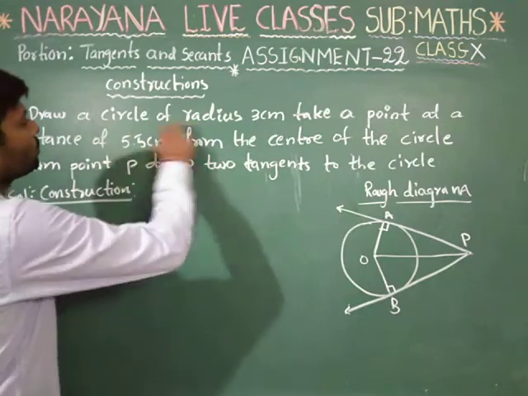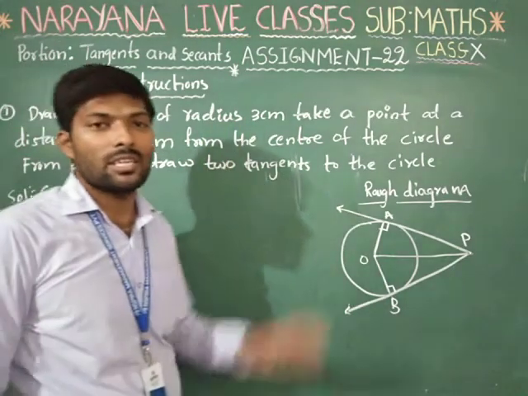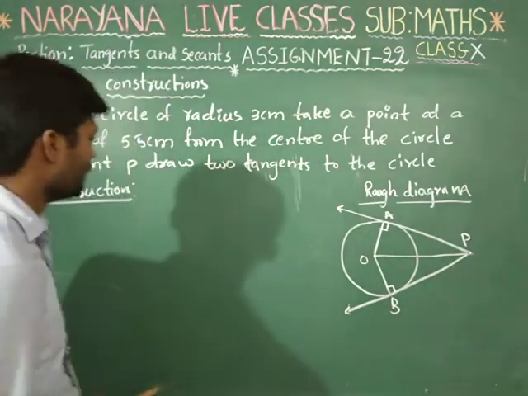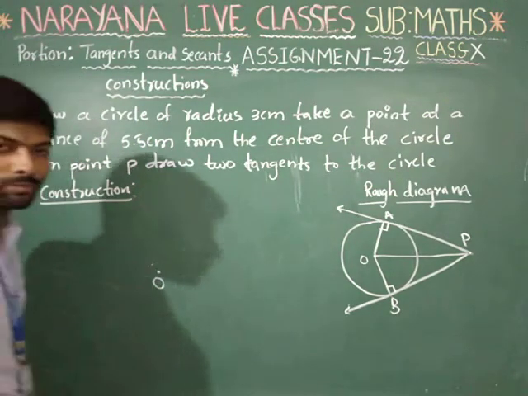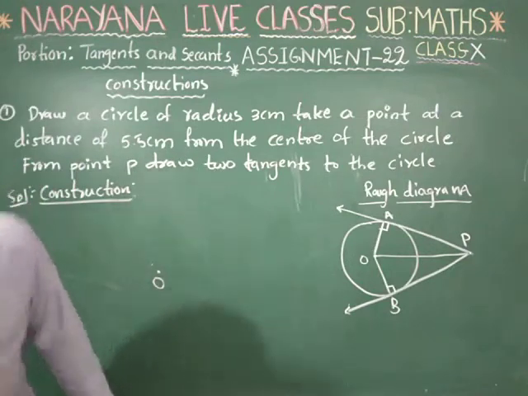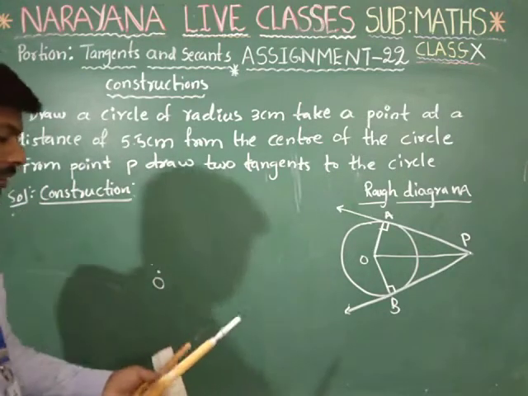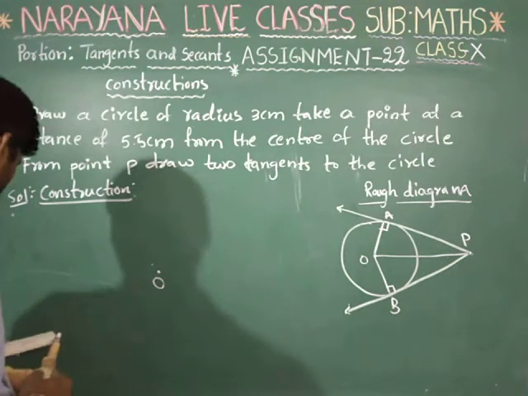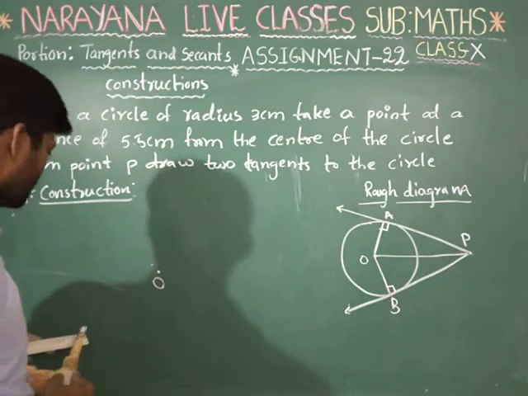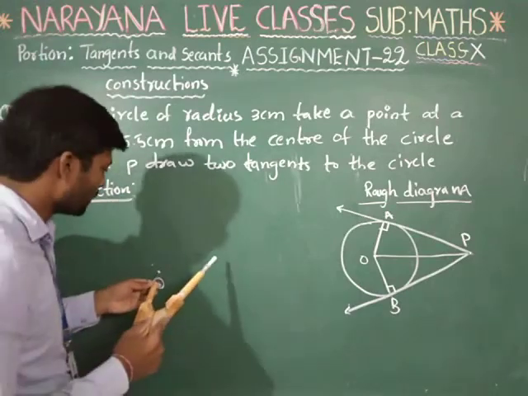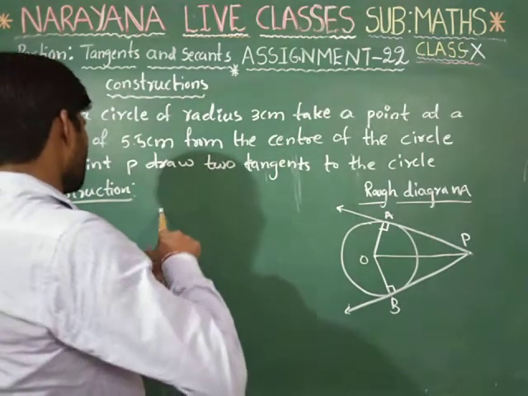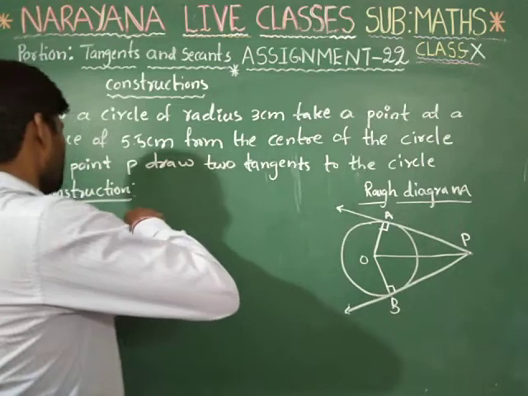First of all, we have to draw a circle with radius 3 centimeters. Take a point as the center, let me call it O. First we take 3 centimeters as the radius. So take O as the center with 3 centimeters and draw a circle.